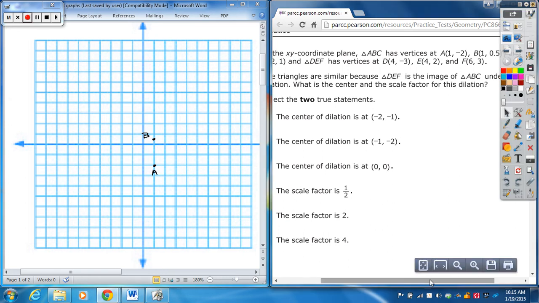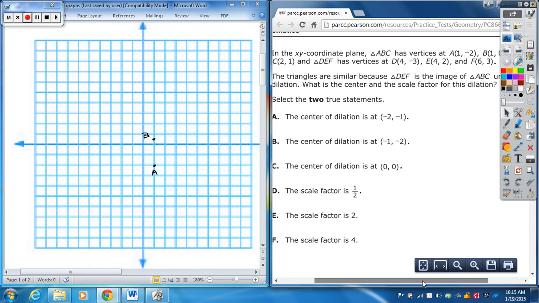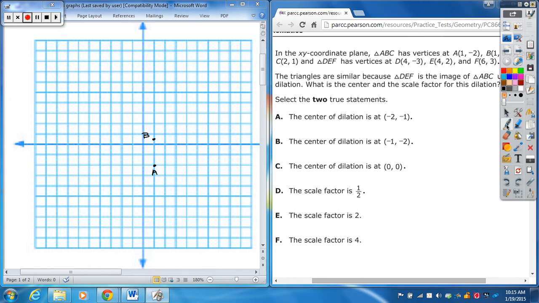Move this over. C is at 2, 1. So if I do that over 2, 1, 2, up 1, right there. Okay? You know what? I think I am going to make it on a... Every point's going to be on the half.